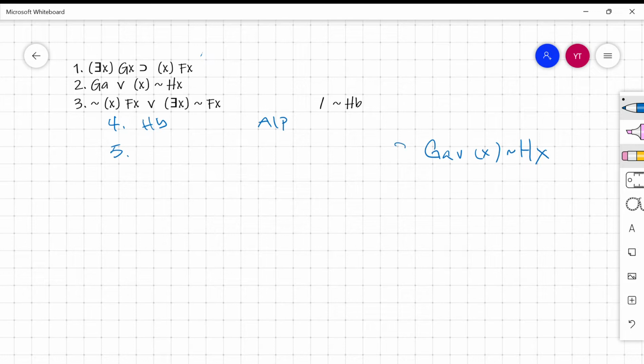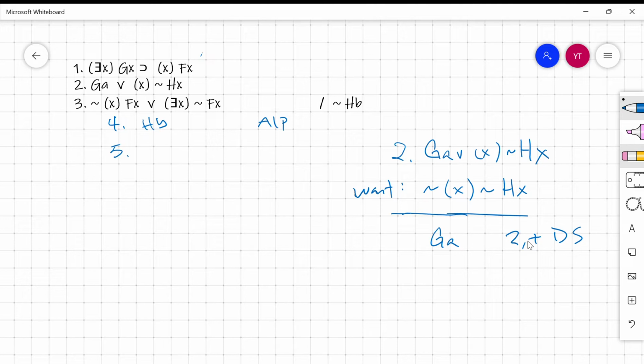With line 2 here, right, if we were going to use DS, we would want something like this, for example. Of course, this is line 2, and whatever line this is, DS.